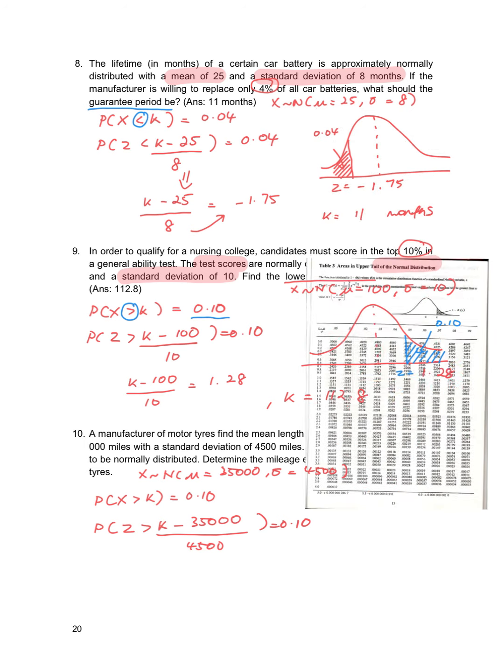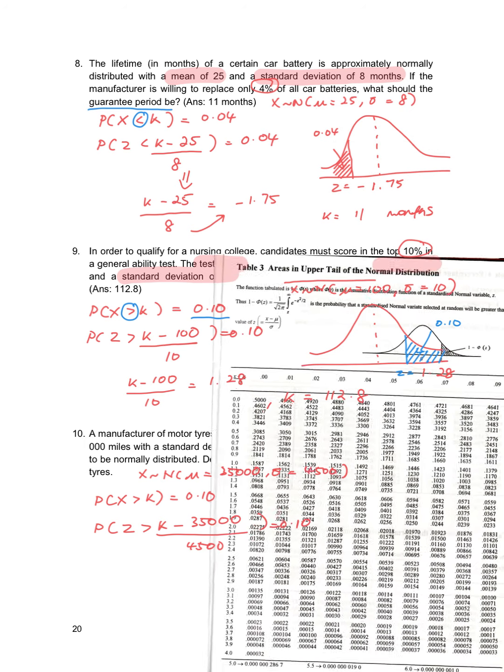Okay, so we can write as probability of Z greater than K minus mu, that is 35,000, over 4,500 equals to 0.1. So we will find the value of probability of 0.1.